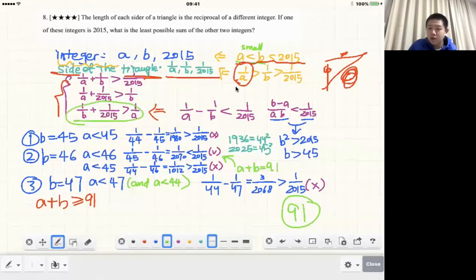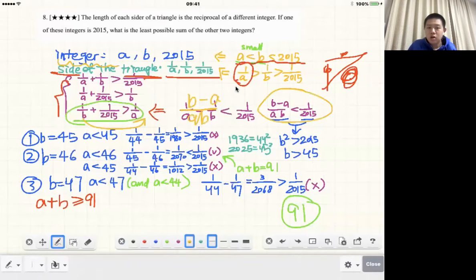After some straightforward algebra, you move 1 over B onto the other side and make a common denominator to form a single fraction. So you end up with b minus a over ab being smaller than 1 over 2015.